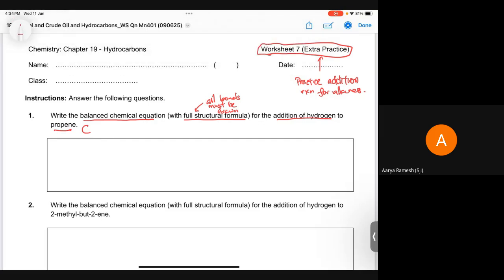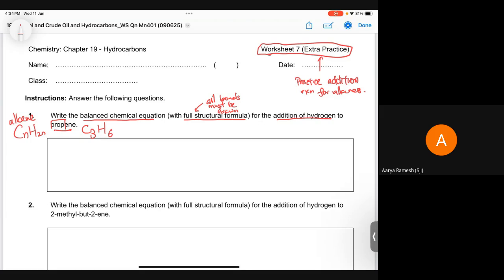Must get familiar with the number of carbons. So prop is what? C3. C3H6, correct, because you're using the general formula CnH2n for alkene. So you got the idea of the general formula CnH2n, but you must identify the number of carbons correctly.